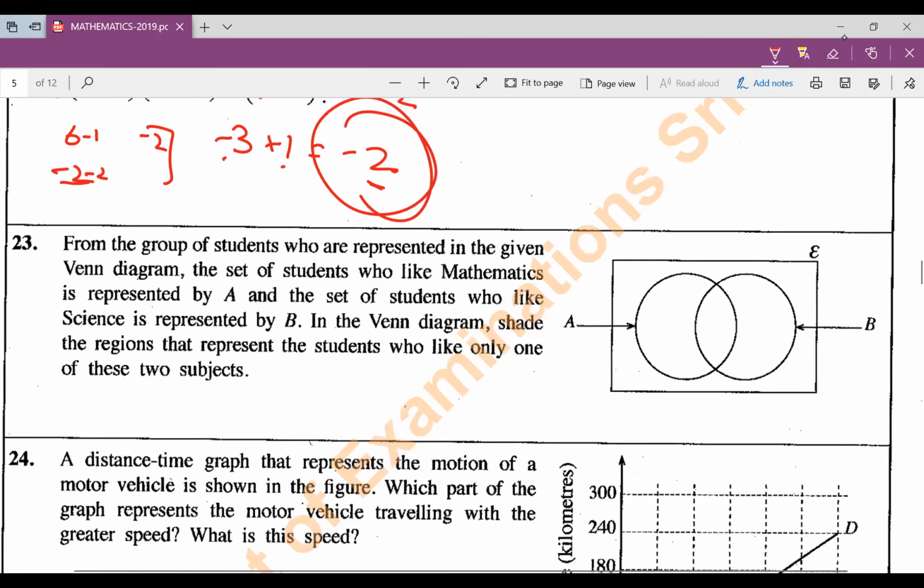From the group of students represented in the given Venn diagram, the set of students who like mathematics is represented by A, and the set of students who like science is represented by B. In the Venn diagram, shade the region that represents the students who like only one of these two subjects.